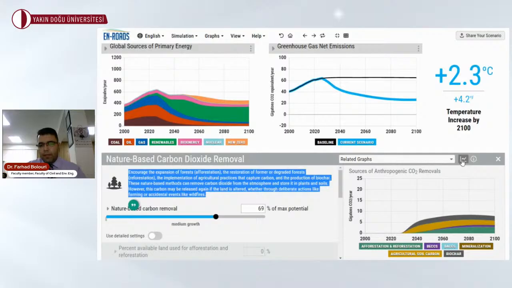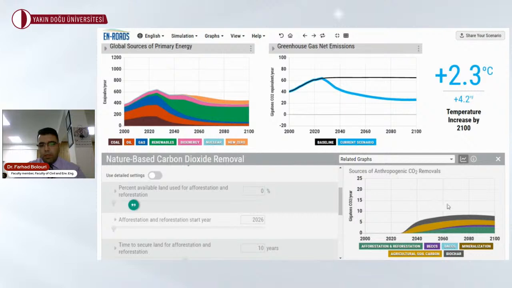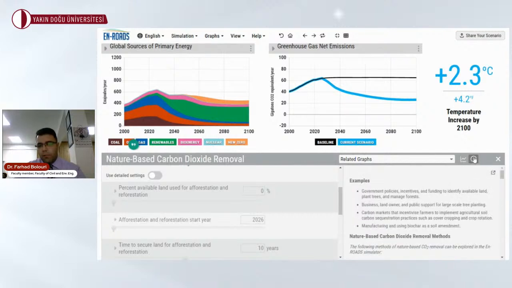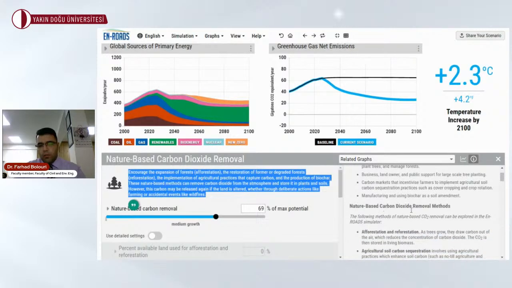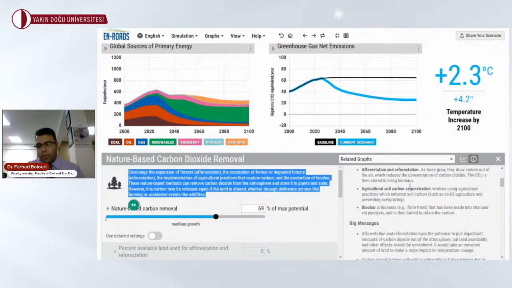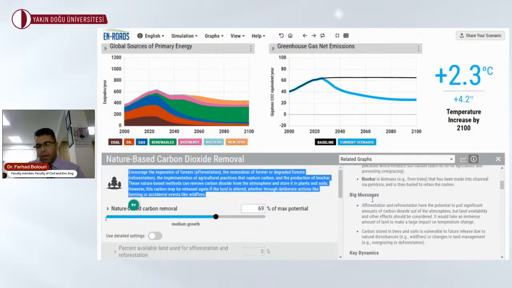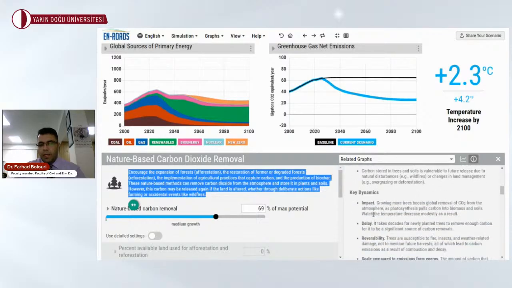Also, you have the graphs that you can change. If you come here, you have information, for example, examples for nature-based things, the methods, the big message, and key dynamics, because it is a system dynamics model.